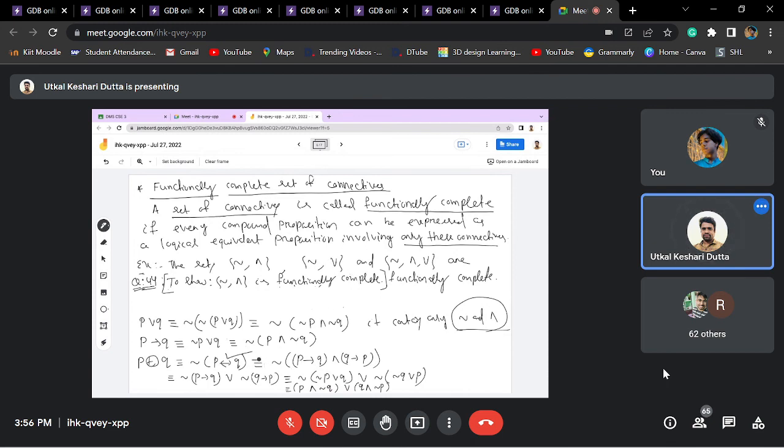Let me see. The only connectives given in the set are negation and conjunction.